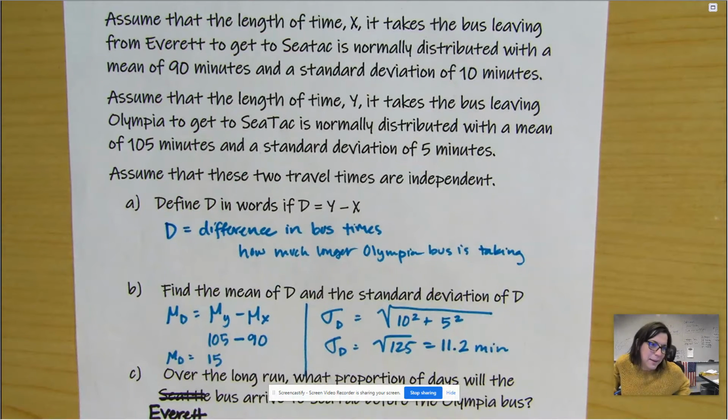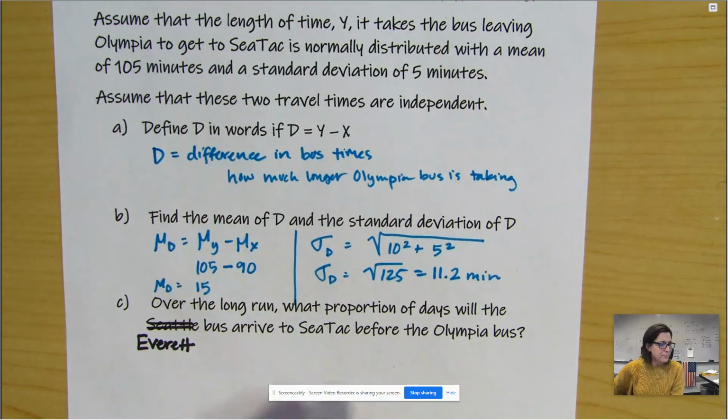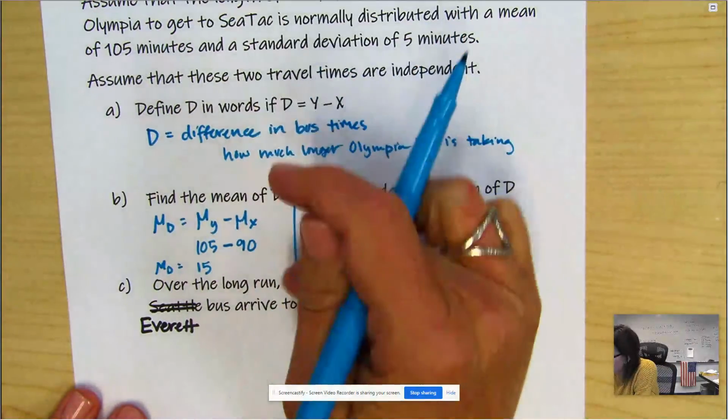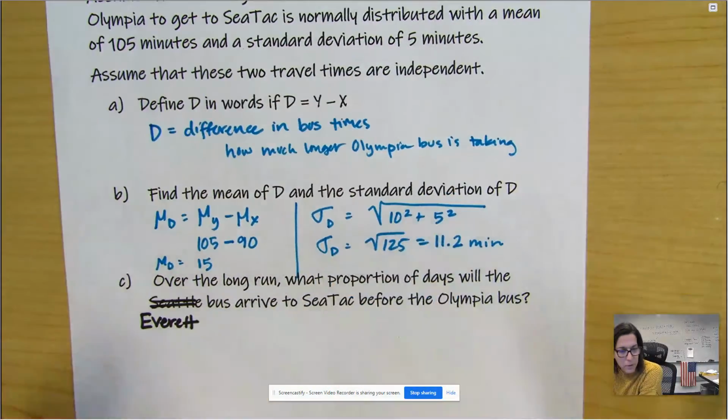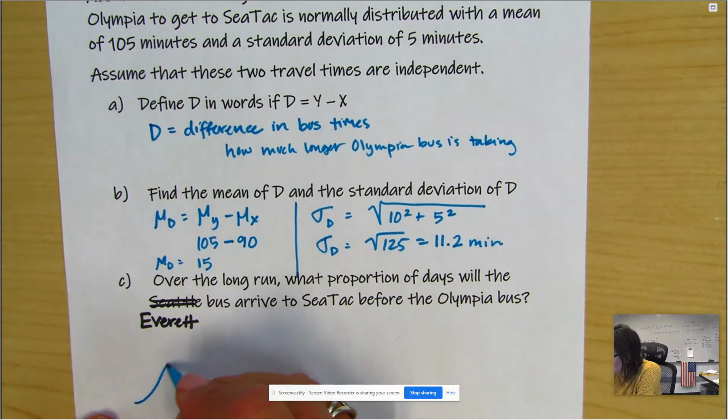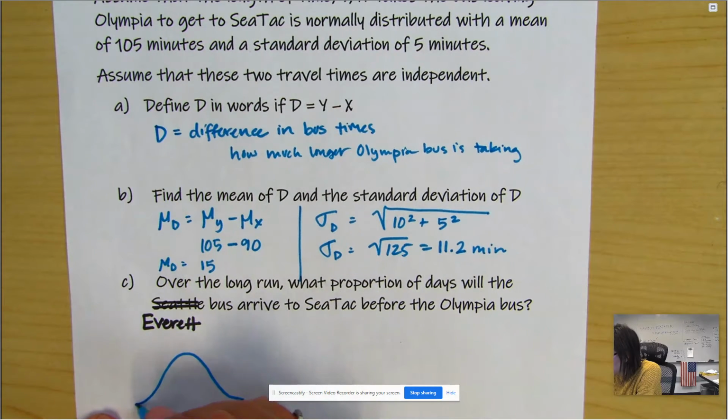Okay. So here's where I made the mistake. And on the test, the combination will be adding, and so this interpretation won't be as hard, but you still can do it. Over the long run, what proportion of days will the Everett bus, I don't know where I got Seattle, will the Everett bus arrive at SeaTac before the Olympia bus? Okay, so the fact that we subtracted these two, we came up with a new normal distribution that's showing the difference.